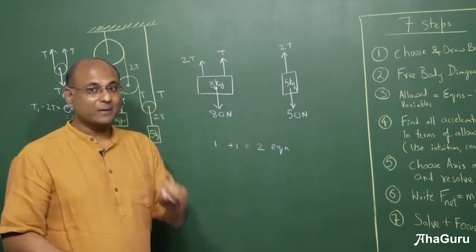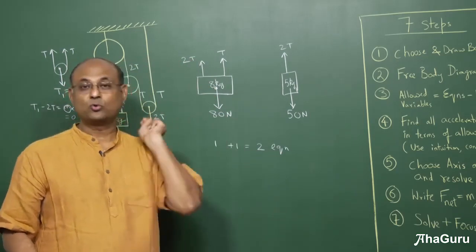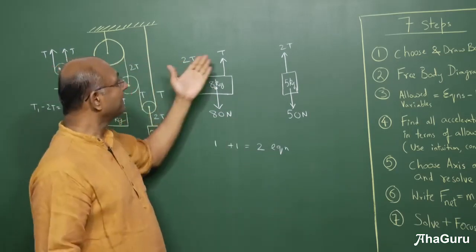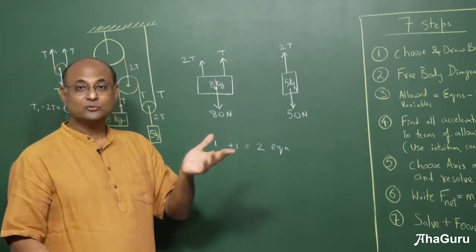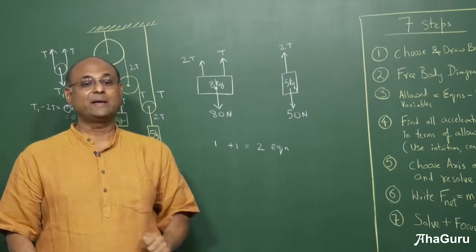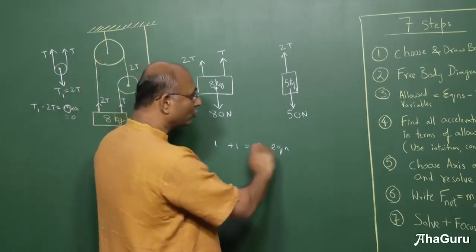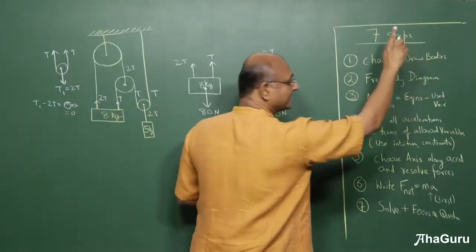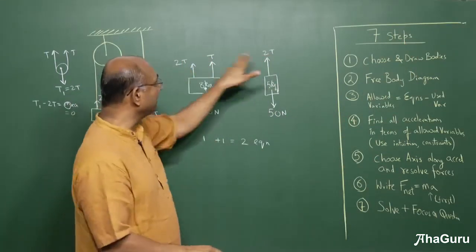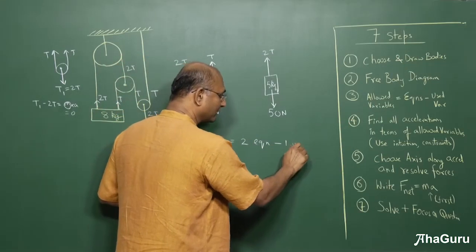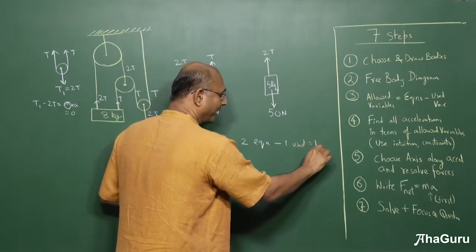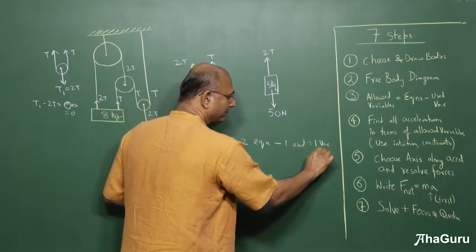So with 2 equations, you can at most solve for 2 variables. But one variable is already used: T. So 2 equations minus the number of variables already used up in the free body diagram, minus 1 used, means 1 variable allowed.